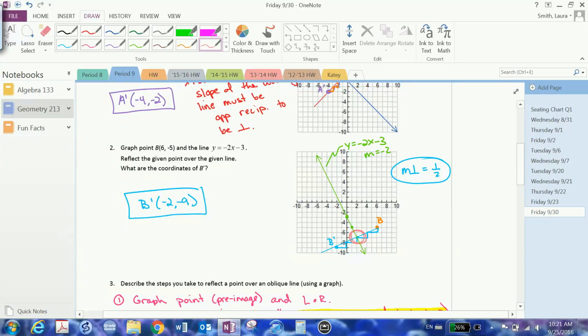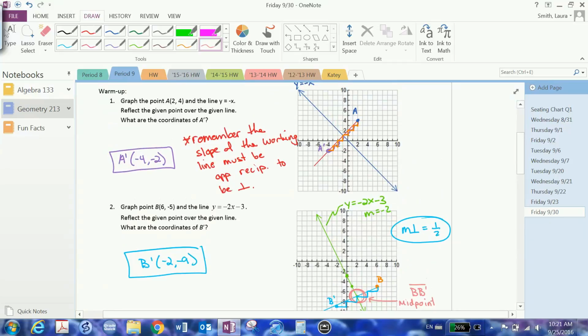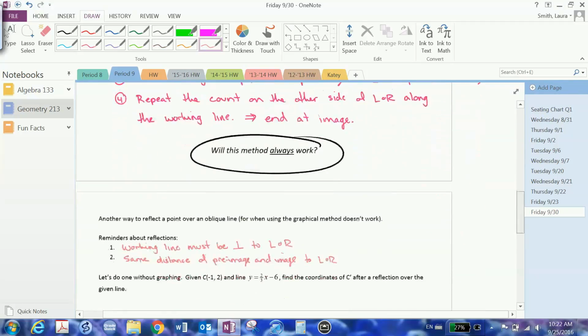If I look at the segment B, B prime, then this here is the midpoint of that segment. Is that true in the first one? If I look at the segment A, A prime, then this right here, is that the midpoint of that segment? It is. Okay, so let's see if that helps us.